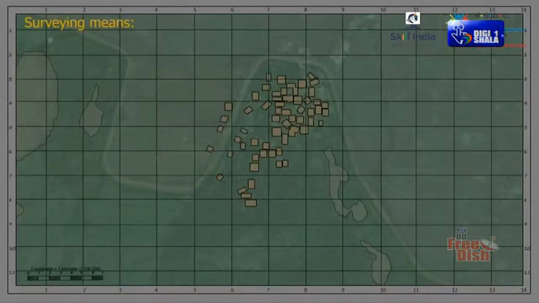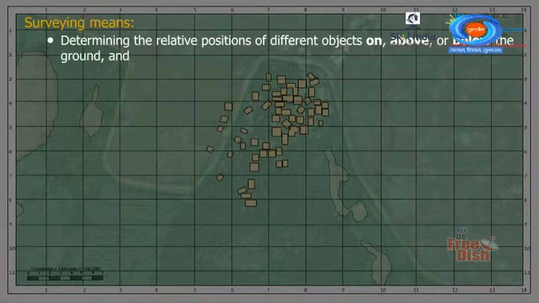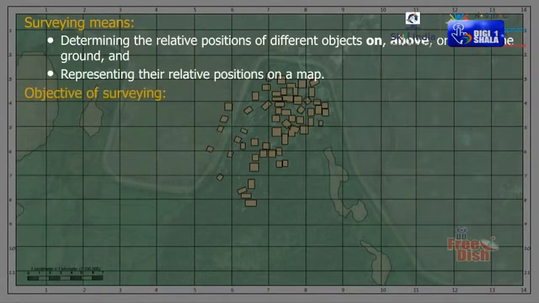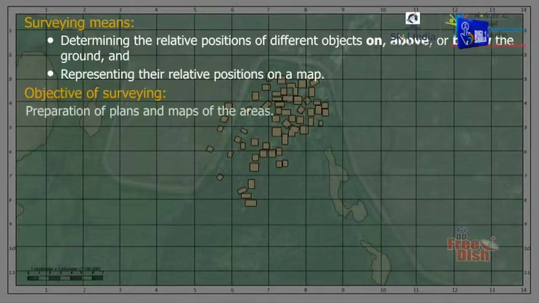Surveying means determining the relative positions of different objects on, above, or below the ground and representing their relative positions on a map. The objective of surveying is the preparation of plans and maps of the areas.